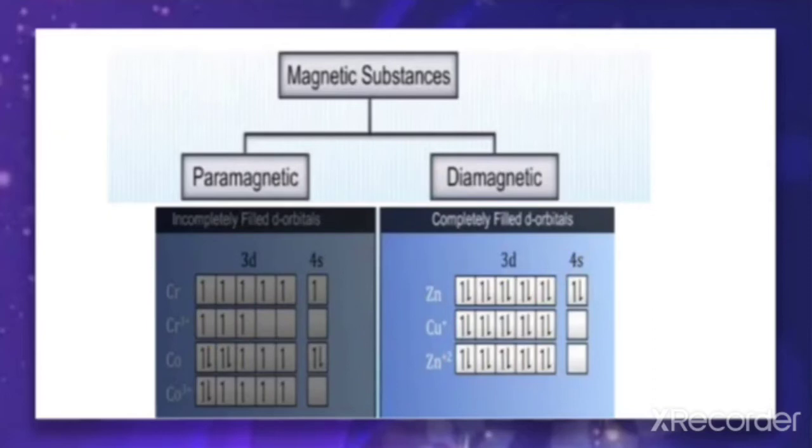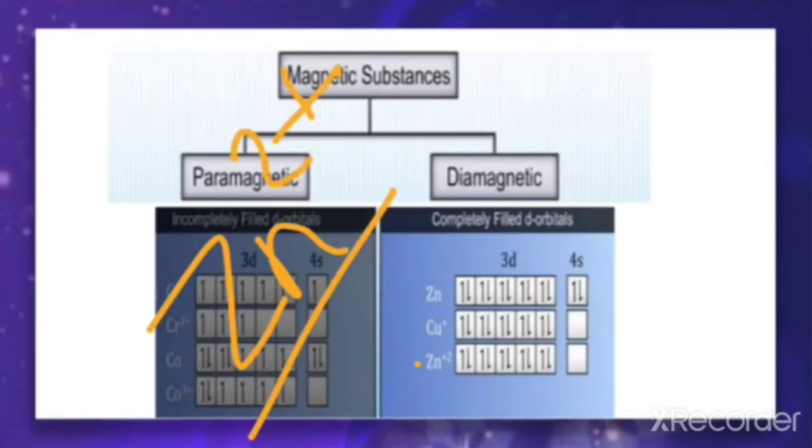Similarly, zinc forms the Zn2+ ion, because 2 electrons are lost from 4s. When you compare the orbitals of zinc and the zinc ion, you can see that the 2 electrons from the 4s are removed. That also results in diamagnetic behavior, because all electrons are still paired.